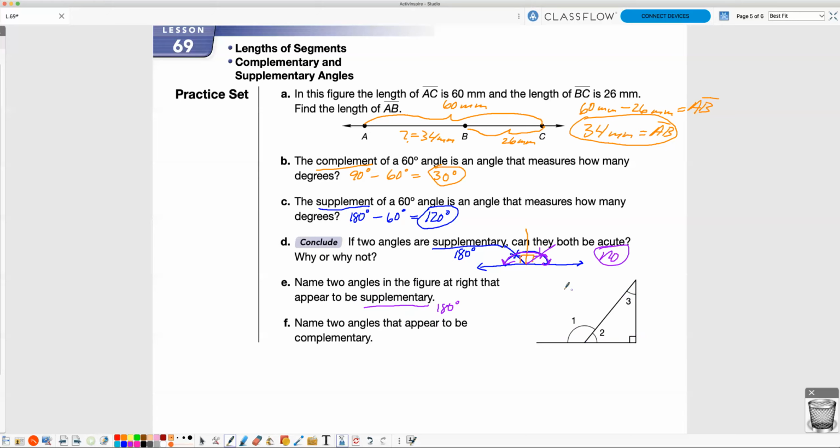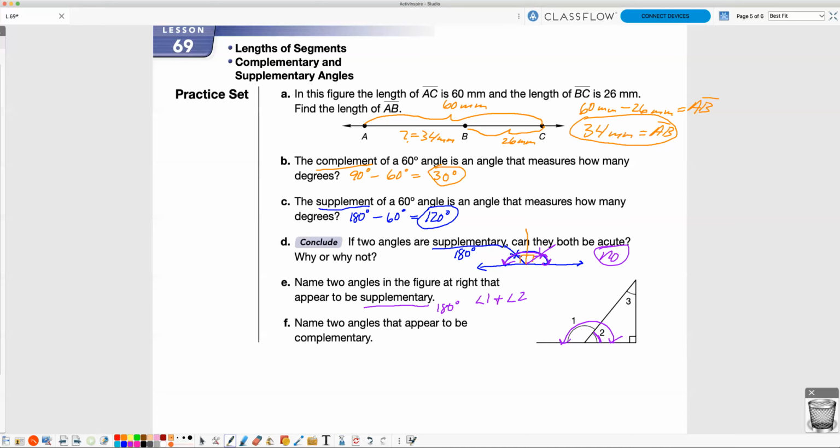So the two angles that appear to be supplementary would be angle 1 and angle 2, because supplementary means 180 degrees. And you can see if you added this angle right here to that angle right there, that would be 180 degrees.